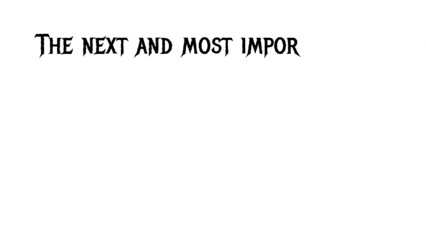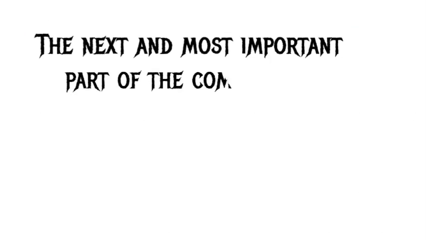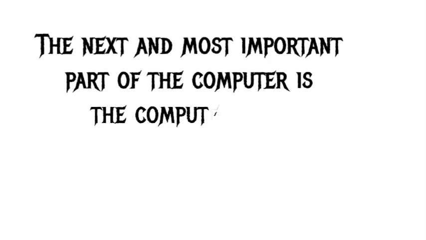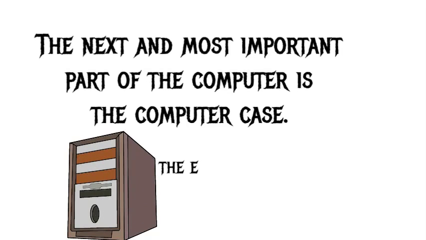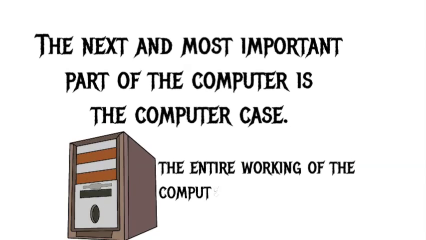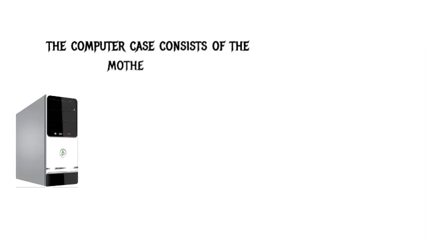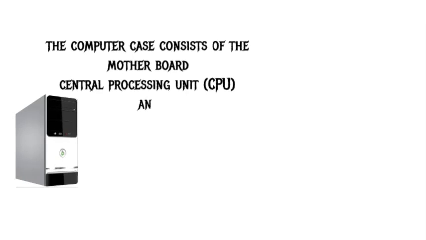The next and most important part of the computer is the computer case. The entire working of the computer depends on this. The computer case consists of the motherboard, central processing unit (CPU), and power supply.